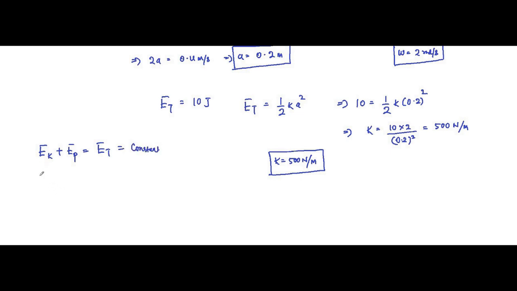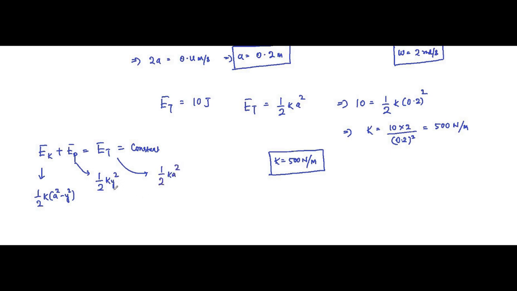The kinetic energy is given by 1 by 2 K A square minus Y square, and the potential energy is given by 1 by 2 K Y square, and the total energy expression is equal to 1 by 2 K A square.